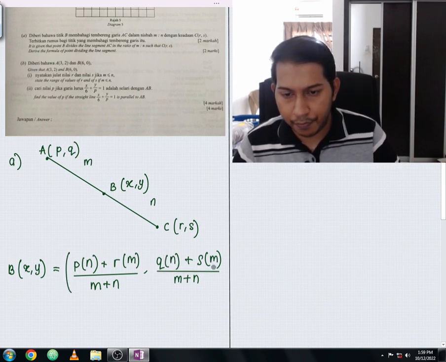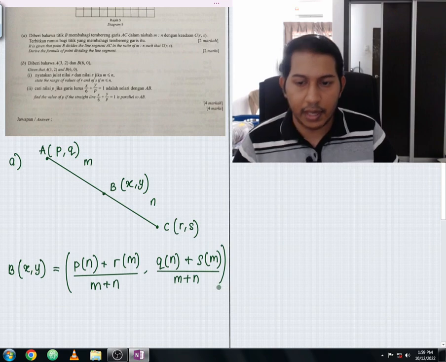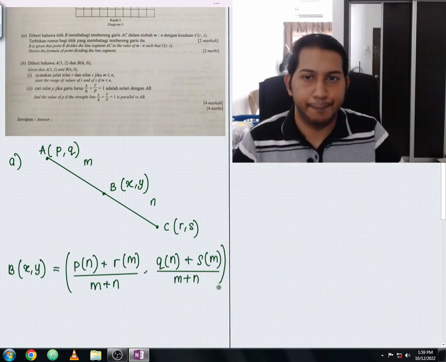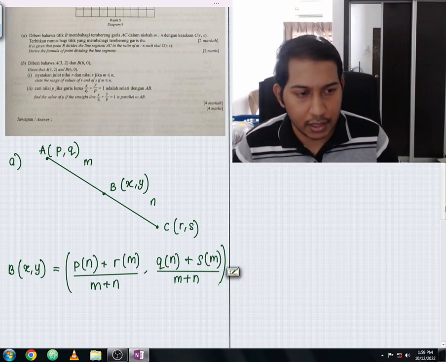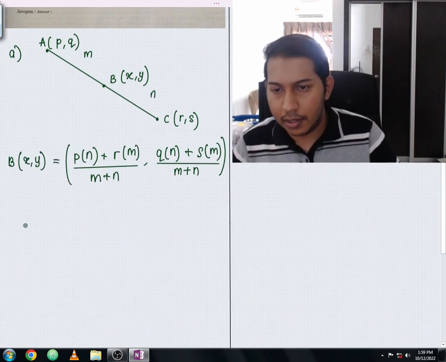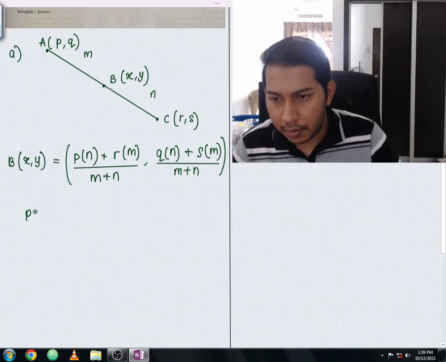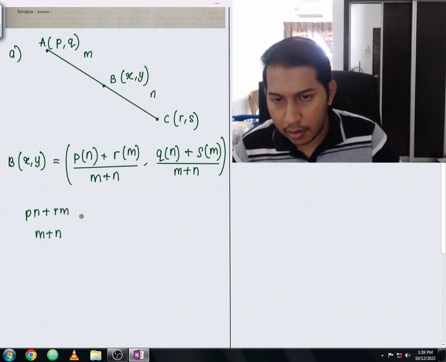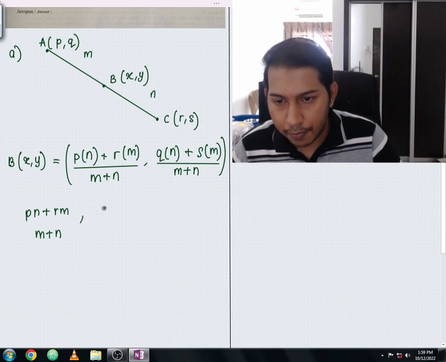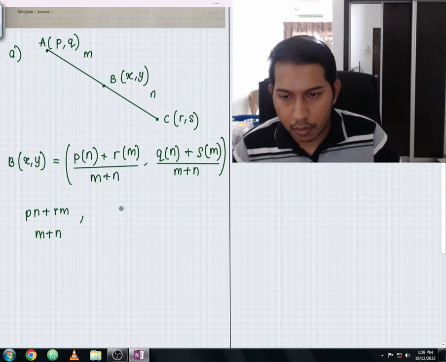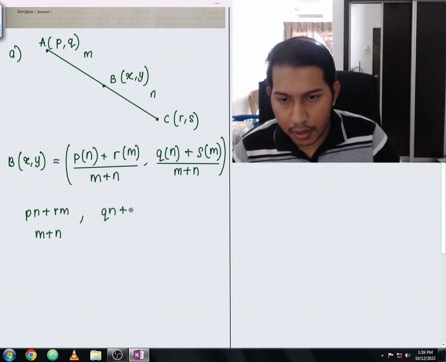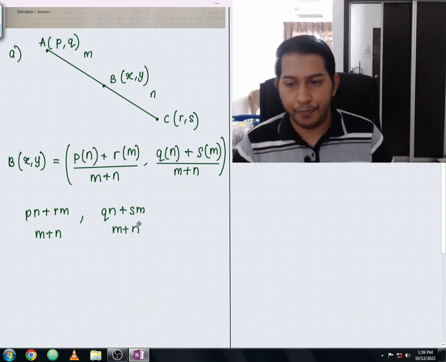So technically this is your final answer. You can leave your answer in this way, or you can write it in this way as well. (Pn plus Rm) divided by (m plus n), and then comma, (Qn plus Sm) over (m plus n).